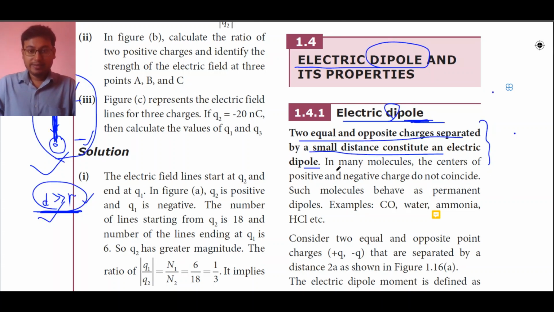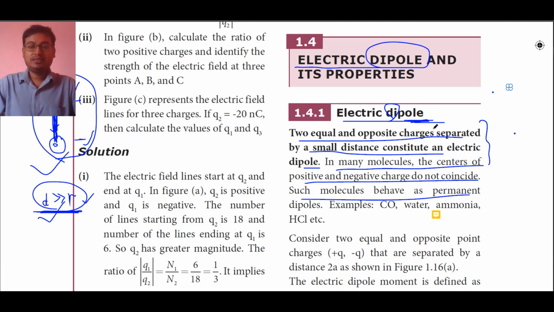Fine. In many molecules, the centers of positive and negative charges do not coincide. Such molecules we call permanent dipoles. In your 11th class onwards in chemistry you have studied about Lewis dot structure, then Fischer projection structure, and a lot of others.